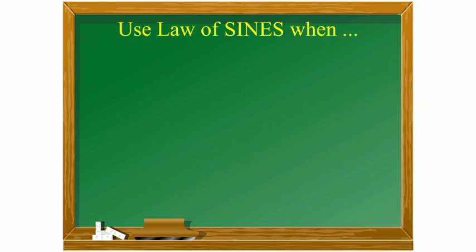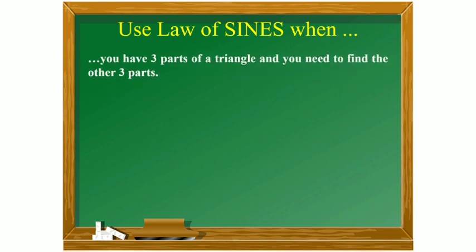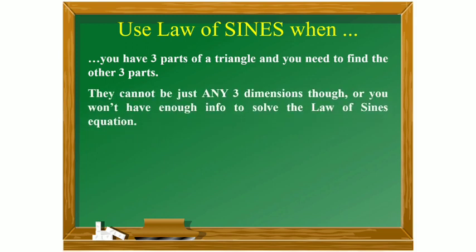Use the law of sines when you have at least three parts of a triangle and you need to find the other three parts. But they cannot be just any three dimensions, or you won't have enough info to solve the law of sines equation.